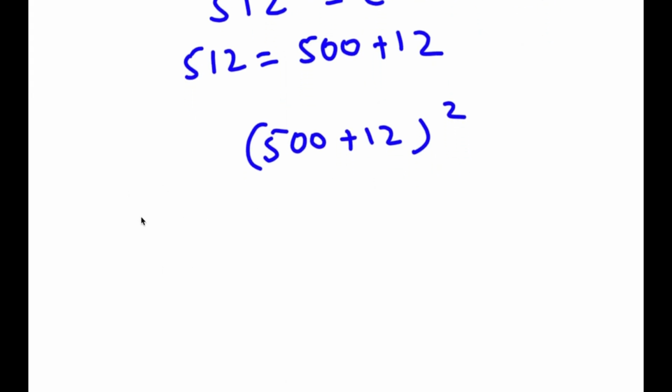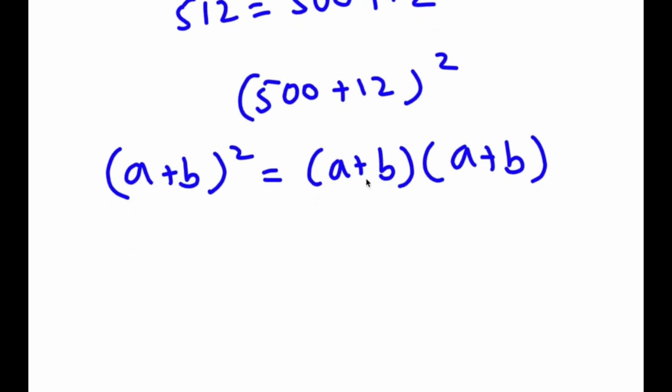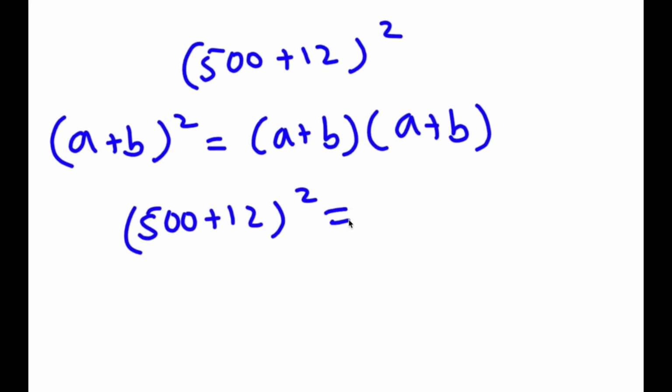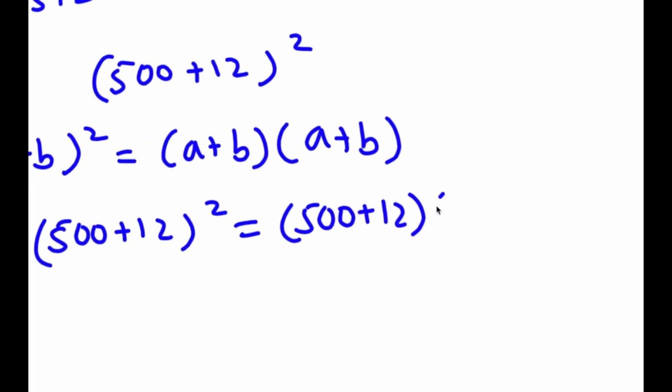And now if I have something in the form (a plus b) squared, this is simply equal to (a plus b) times (a plus b). So (500 plus 12) squared would equal (500 plus 12) times (500 plus 12).